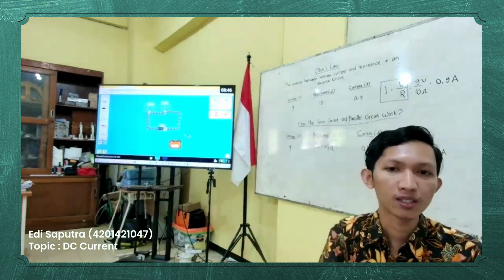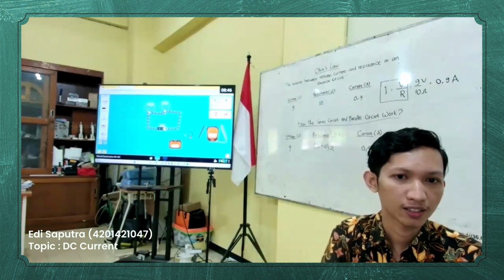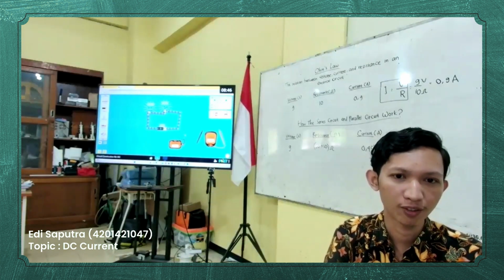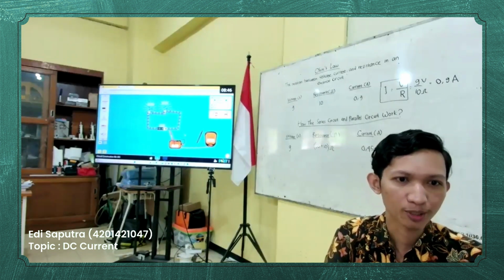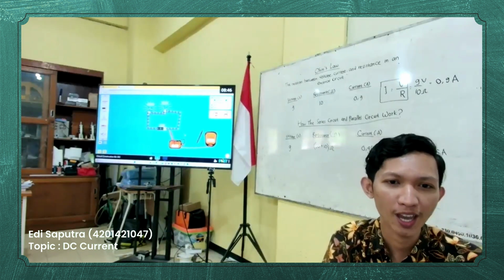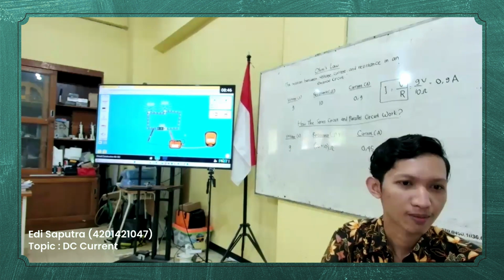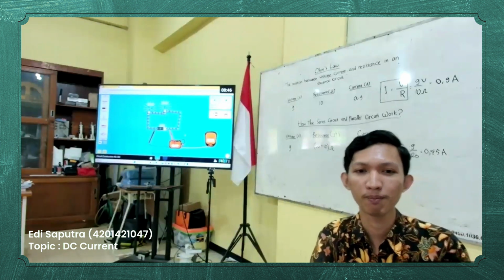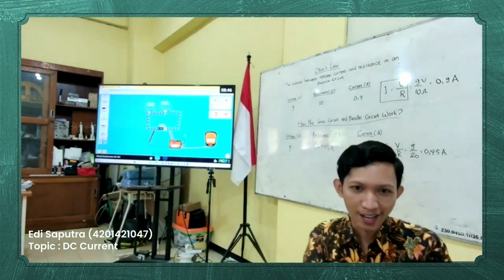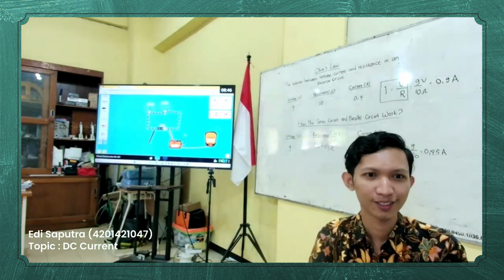Now we will measure the voltage of this circuit. We put the red probe on the positive pole of the battery, and the black one on the negative pole of the battery. The voltage of the battery is about 9 volts.